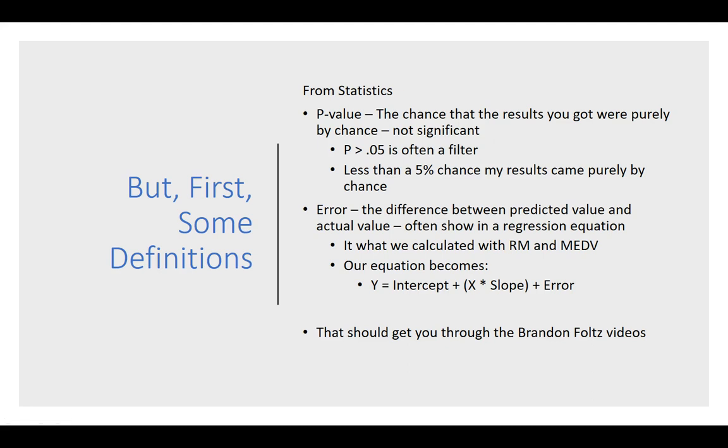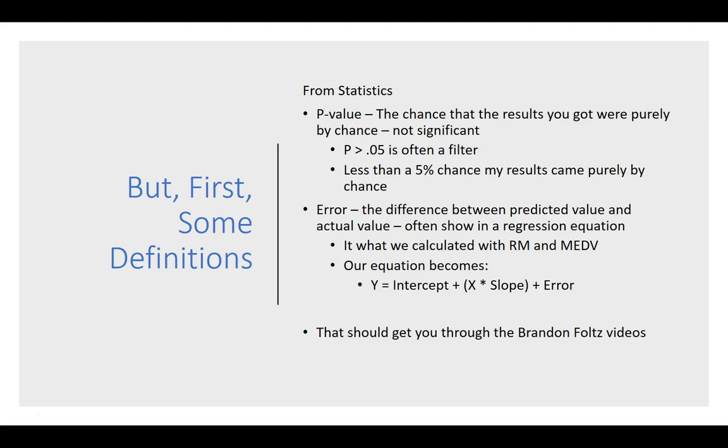All right, a couple things I want to define. First, 2 things really only. The first one is from statistics, p-value. P-value, in its simplest term, is the chance that the results you got were purely by chance. What's the likelihood that what you just came up with in your equations or functions was just purely by chance? And so you want to get a low p-value because you want your results to mean something.